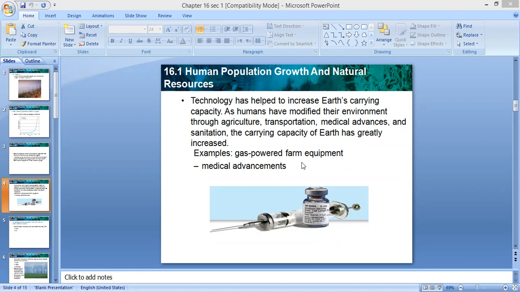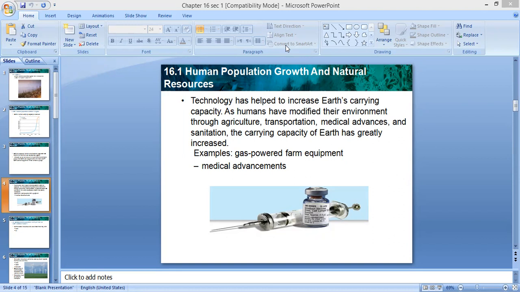This will increase the production of the crops, and will save time. It will produce more. An increase in the population size needs more food resources. These equipment made by technology help to increase the amount of the food, right? The crops.